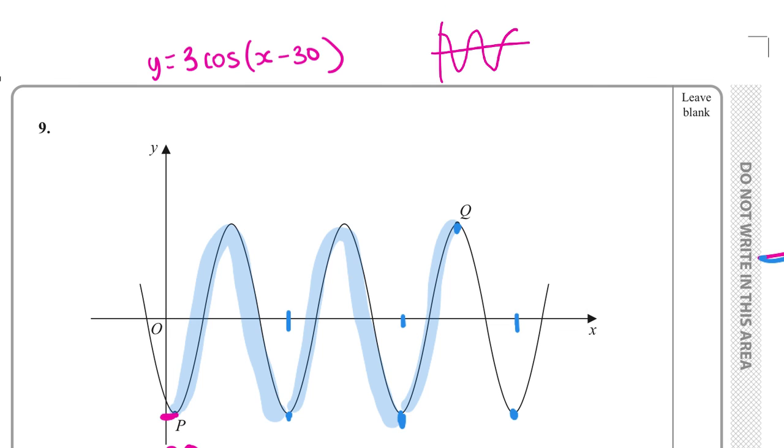Yeah? Now, if I multiply it by 3 here, this becomes 3, this becomes minus 3. And then I take away 30, technically add 30, I just move it up a little bit, right? Do you see? So technically, if it's positive 3, the graph is going to look like this.